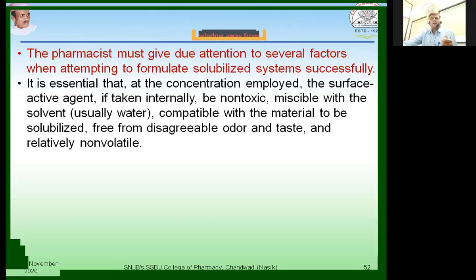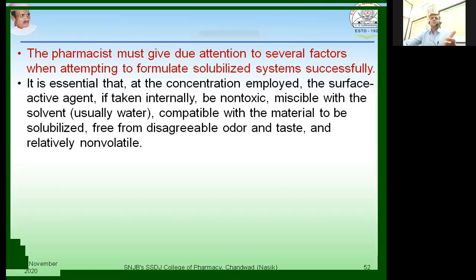At the same time, it must be compatible with the material to be solubilized, or the drug molecule for which we are going to use these micelles. It must be free from disagreeable odor and taste, and relatively non-volatile, because if the surfactant is volatile, over a period of time it will evaporate, again leading to precipitation of the drug molecule in the formulation.